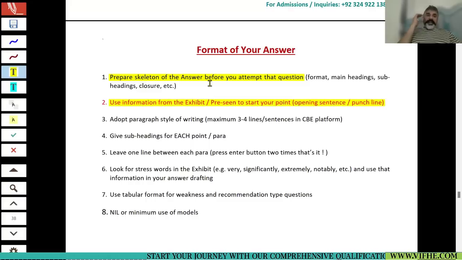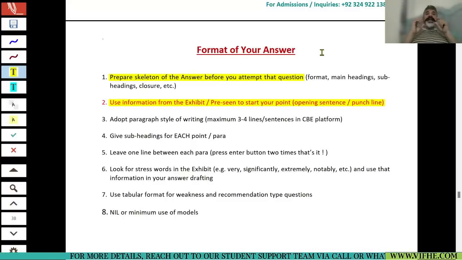Is that clear? Each and every paragraph should first have a sentence from the exhibit and then we can elaborate on it. This is how we will link with the scenario, right? The first sentence will be a punchline picked up from the exhibit, and then in 1 or 2 lines, you can elaborate on it. You can talk about the impact or the reason or whatever is required.